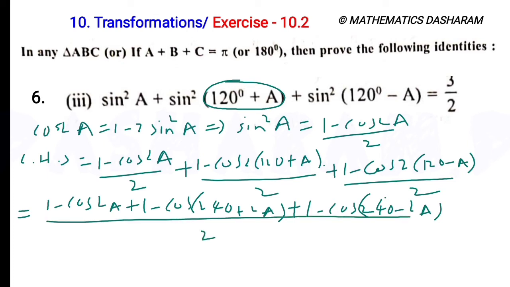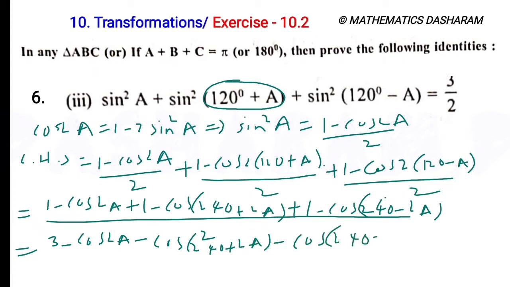So here plus 1, no cancellation: 3 minus cos 2a minus cos (240 plus 2a) minus cos (240 minus 2a), divided by 2.